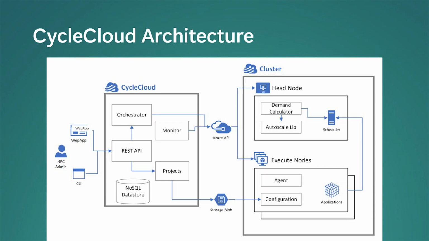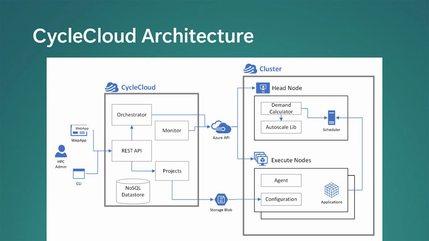So if we dig a little bit more into the CycleCloud architecture itself, the CycleCloud piece is, like I said, an installable web app essentially. It has both a web app UI component and it also has a command line. It also has a full REST API. So some customers have actually fully automated their interaction with CycleCloud with existing tools that they have on-prem today.